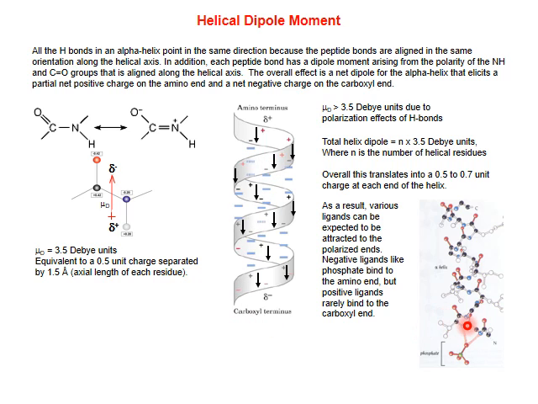When we look at the implications, you can imagine that if you had a phosphate that was going to bind to one end of a helix, it would be negatively charged, so it would be more attracted to the positive end, the amino terminus, and that's shown right here. If you had a positive molecule, it would be more attracted to the C-terminal end of the helix. It will favor the dipole.